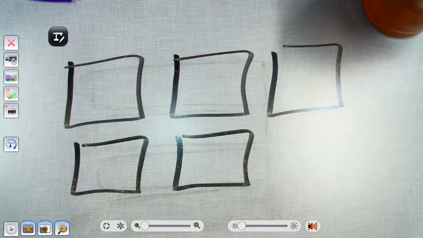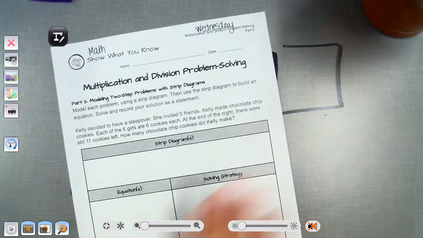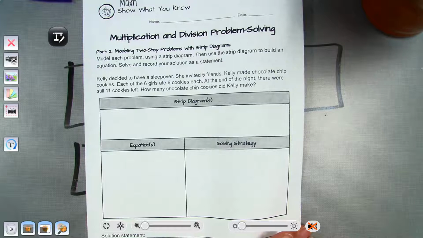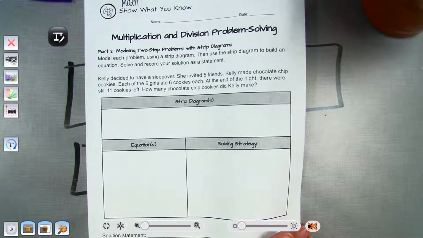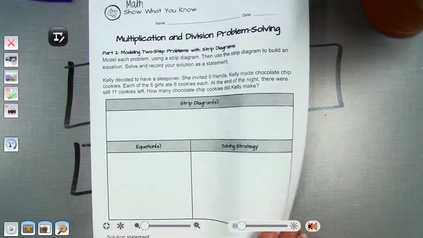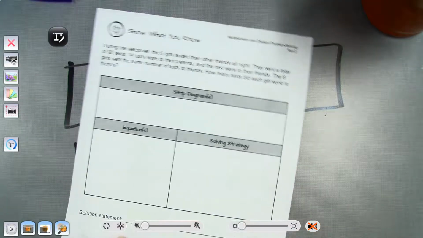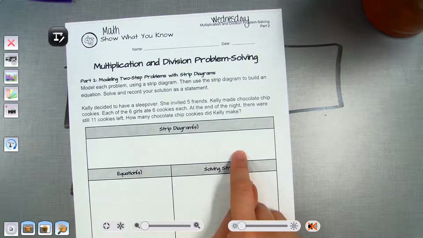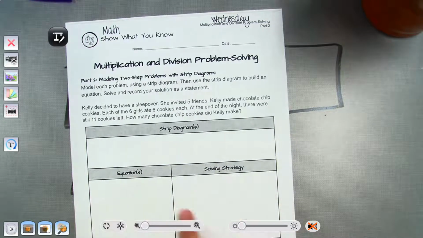You are going to do the multiplication and division problem solving, Part 2, model 2-step problems with strip diagrams. So you have 1, 2. So you need to read the problem, show me your strip diagrams, your equation, and how you solved it.